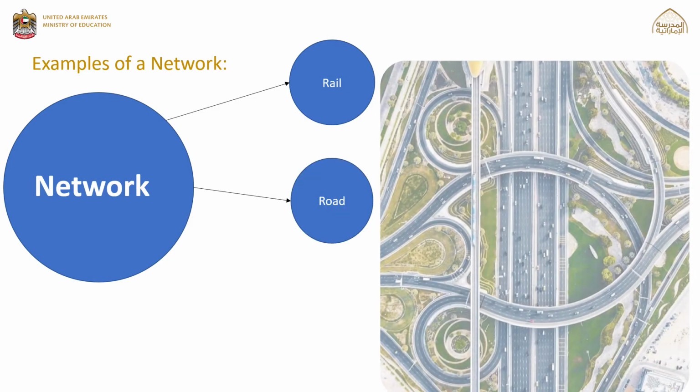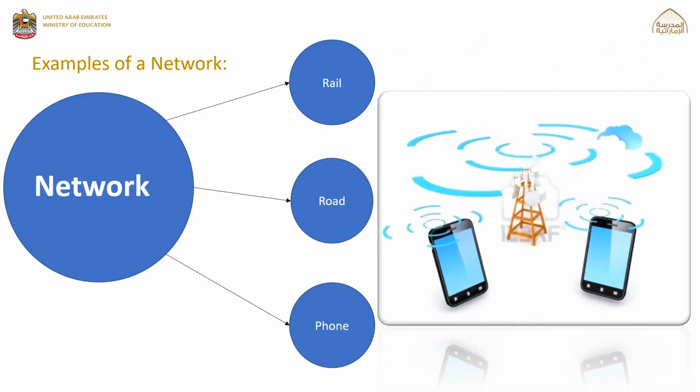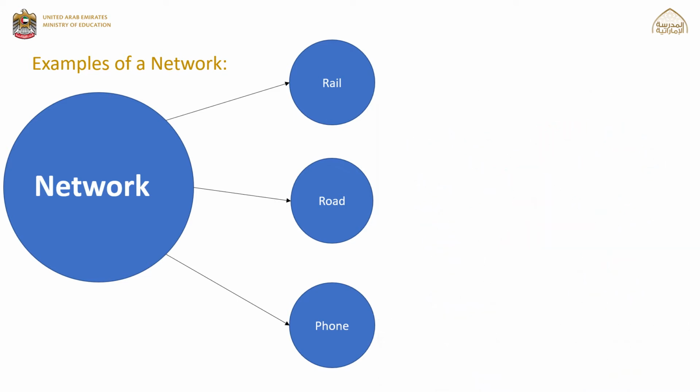Second example is of a road network, where multiple roads are connected to each other for the vehicles or people. The third example is of a phone network, where multiple devices or mobile phones are connected to each other to share some information or the data.